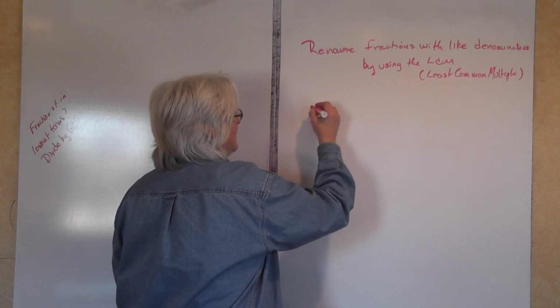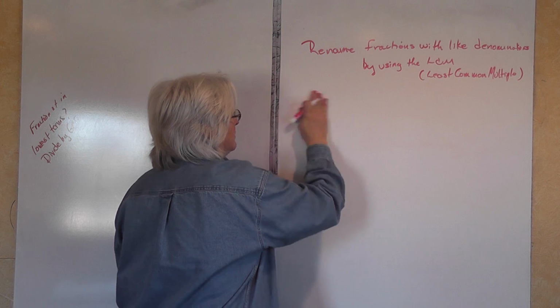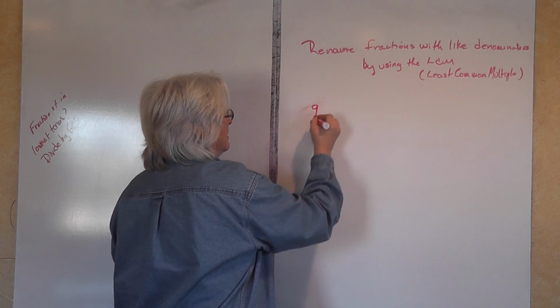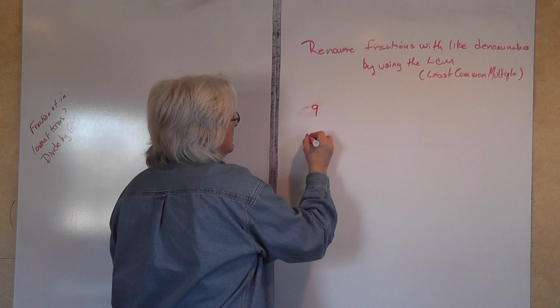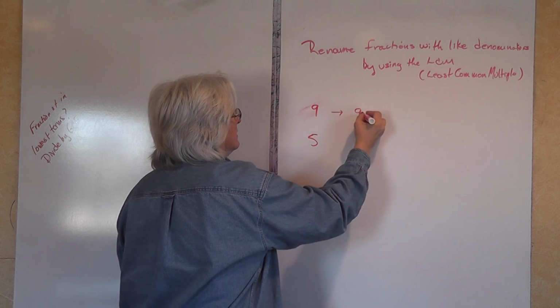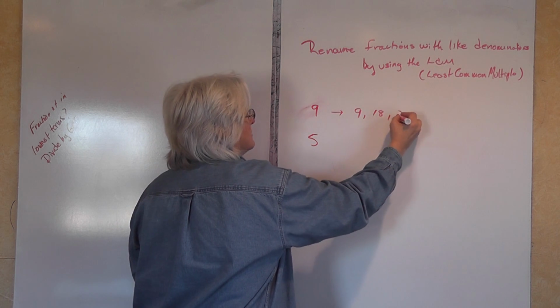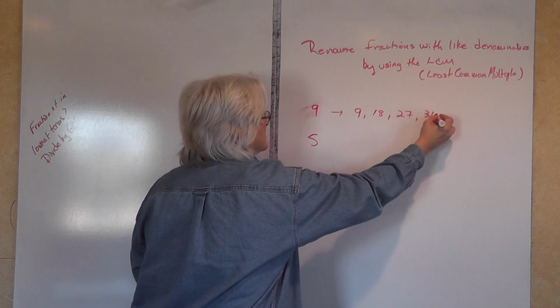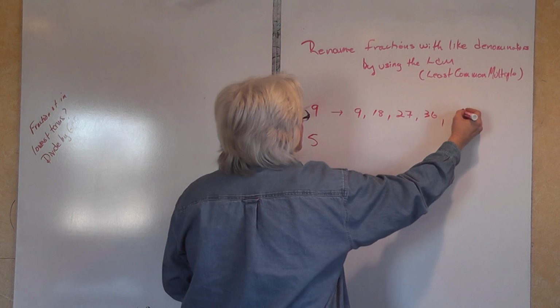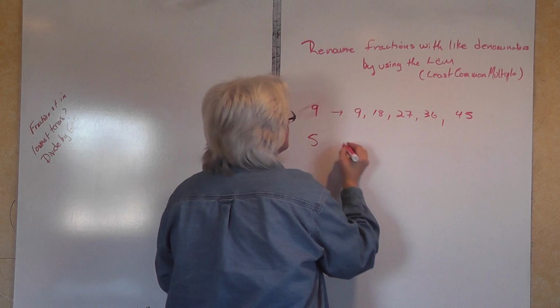But basically, if we have multiples of 9 and multiples of 5: 9 times 1 is 9, times 2 is 18, times 3 is 27, times 4 is 36, times 5 is 45.